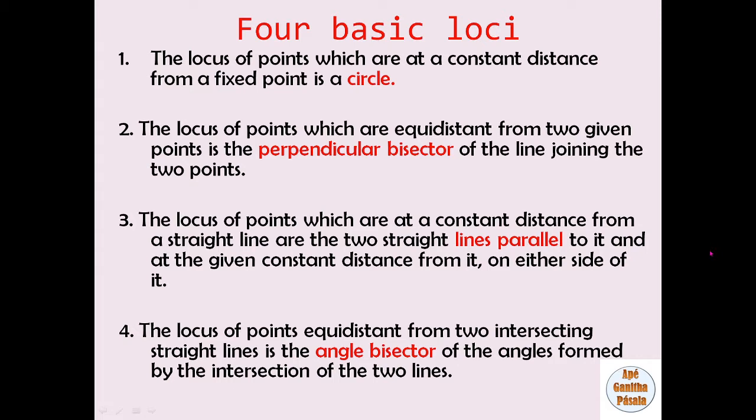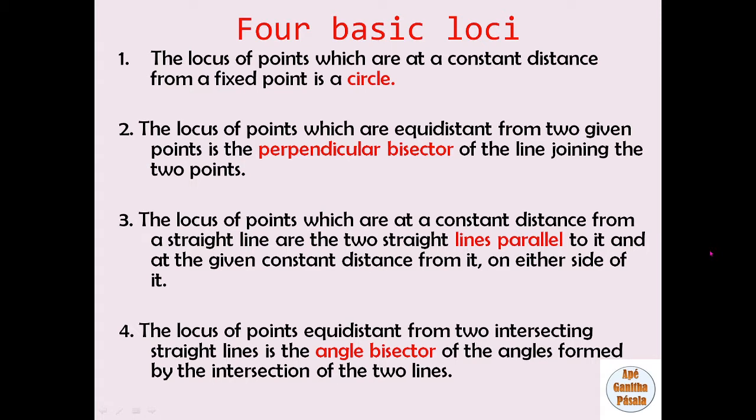The locus of points which are equidistant from 2 given points is the perpendicular bisector of the line joining the 2 points. The locus of points which are at a constant distance from a straight line are the 2 straight lines parallel to it and at the given constant distance from it on either side of that.